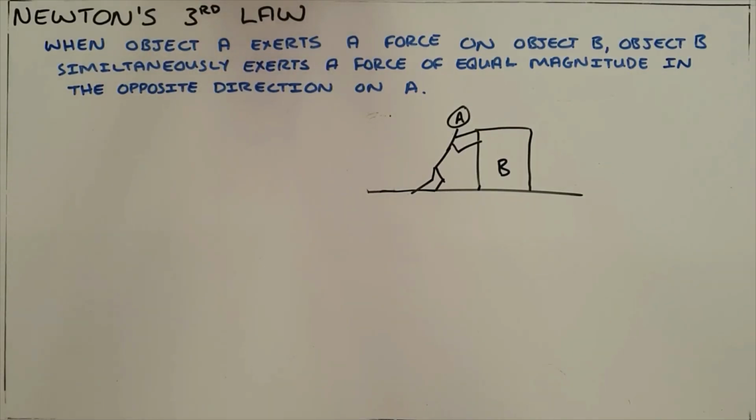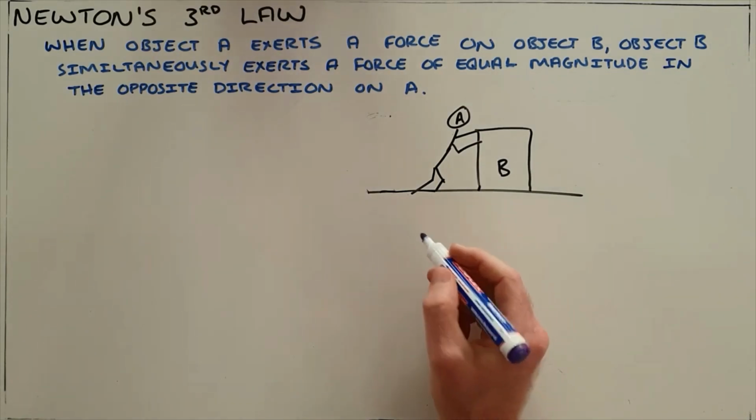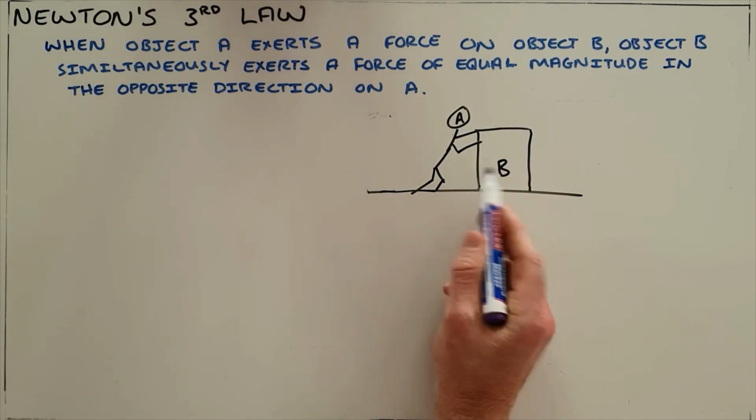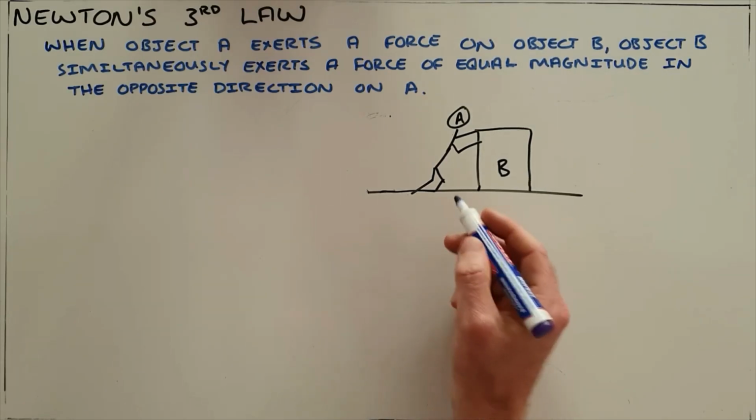Newton's third law states that when object A exerts a force on object B, B simultaneously exerts a force of equal magnitude in the opposite direction on A. Now, the first thing that we need to understand here is some notation. We have over here object A, a person that is applying a force on a box that is trying to push the box across the floor.